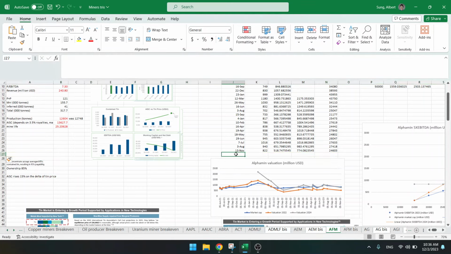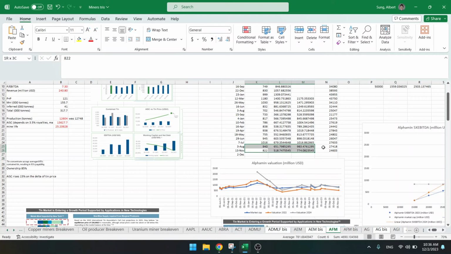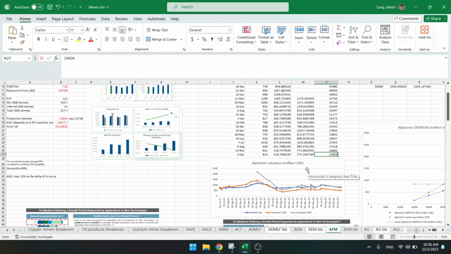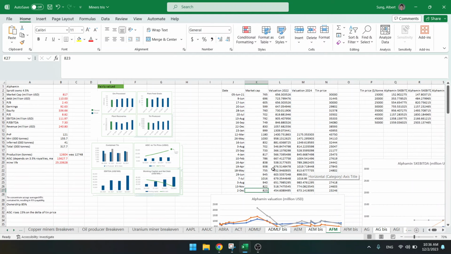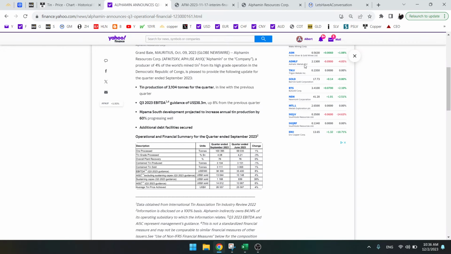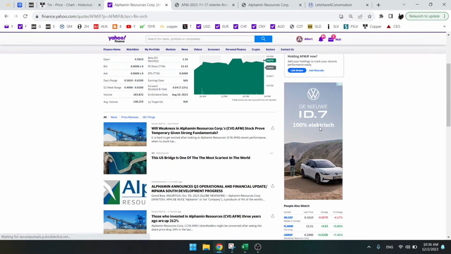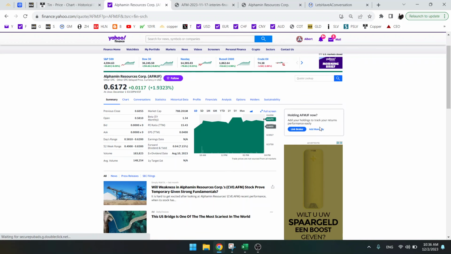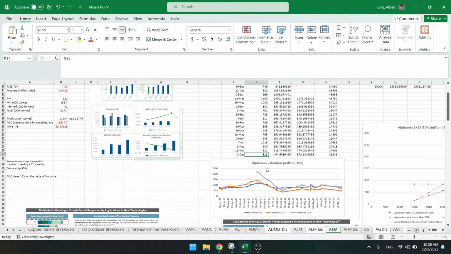What's the latest status? This is the 5 times EBITDA chart. We are currently at a tin price of 23246 and market cap of 788.